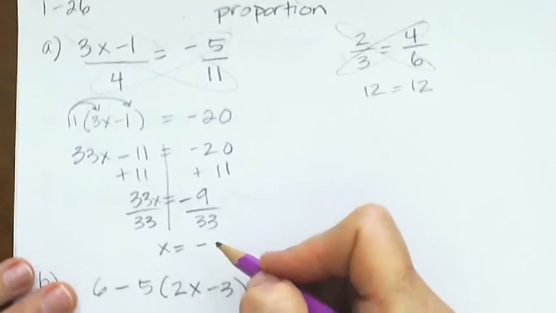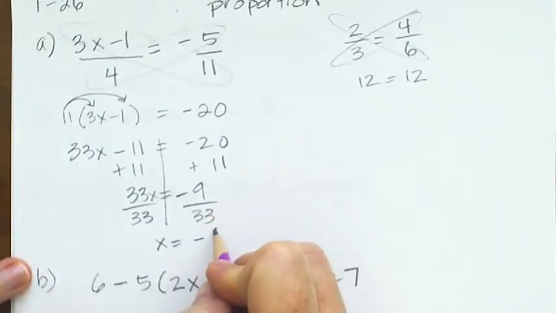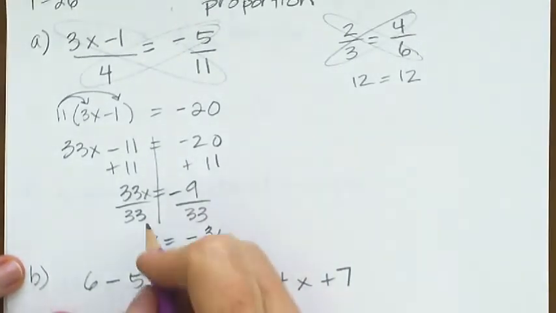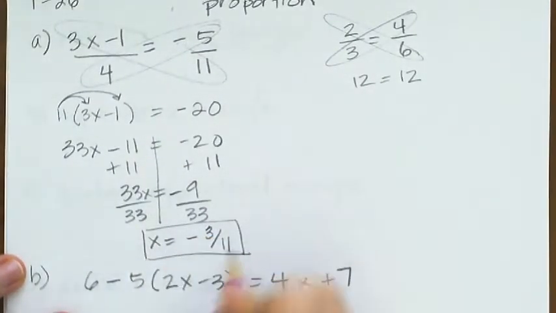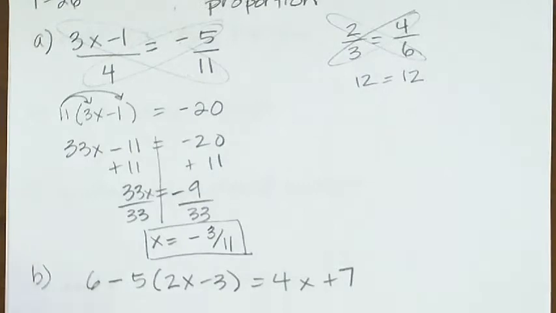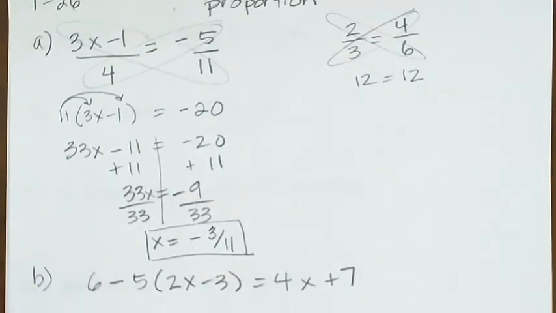I'm going to reduce this to lowest terms. Both of these are divisible by 3, so that would be 3/11. Are there other ways to do this? Yes. I try to pick the way that seems the easiest, but feel free to do this in your own way. As long as you show your work and you get the same answer, you're going to get full credit.